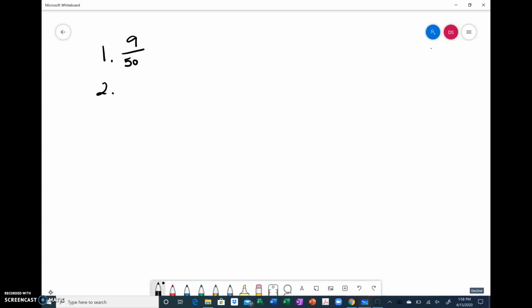Number 2, same thing, 74 over 100 reduced becomes 37/50. Number 3 already is a fraction, so you have to convert it to per 100%, okay? And you do that by multiplying both the numerator and the denominator by 5, and you should get 85%.